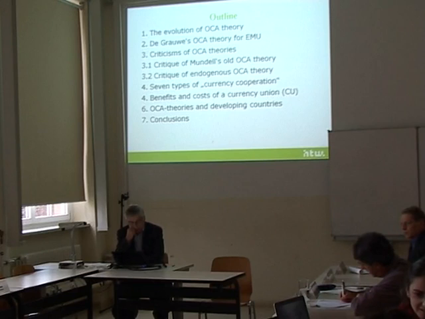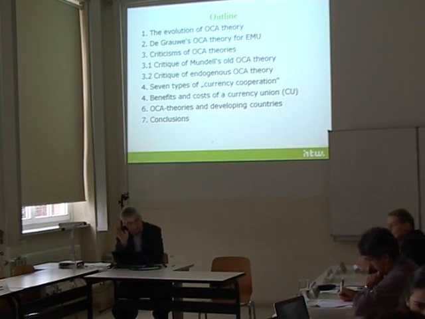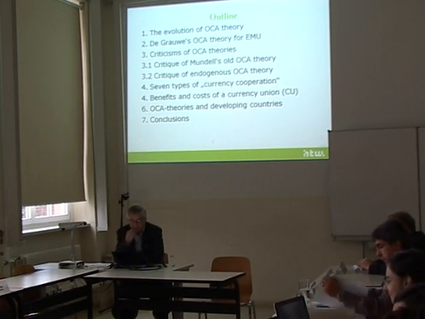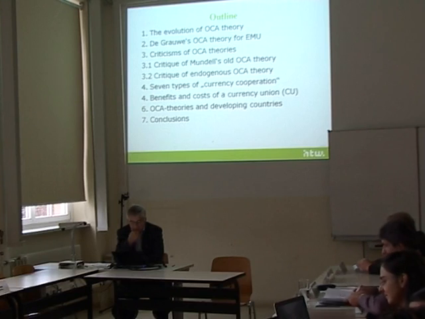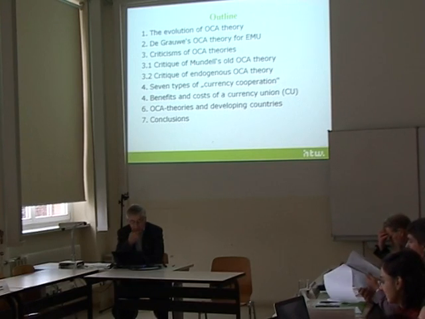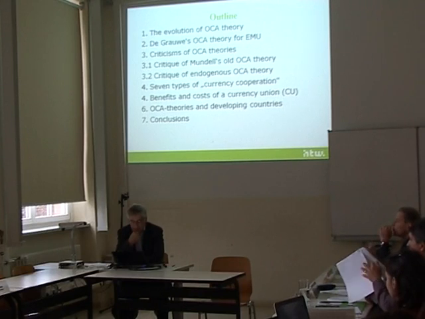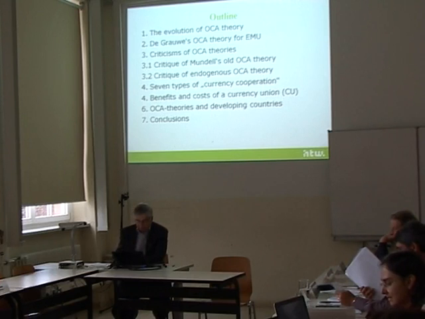Then I will show you, in my interpretation, 7 different types of currency cooperation, which is more than an optimal currency area and different from a currency union as we have it in Europe. Finally, I come to costs and benefits and look at developing countries, but only briefly.